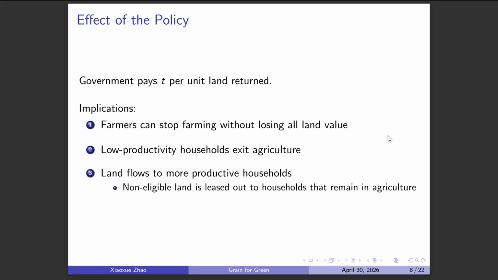So now let's think about what happens if we introduce the Grain for Grain program, which is basically a program that pays all rural households a transfer to convert their eligible land into forests. One major effect of such a program is that it creates a really valuable outside option for agricultural land, which significantly decreases the opportunity cost that all rural households face in more efficiently allocating labor to the non-agriculture sector.